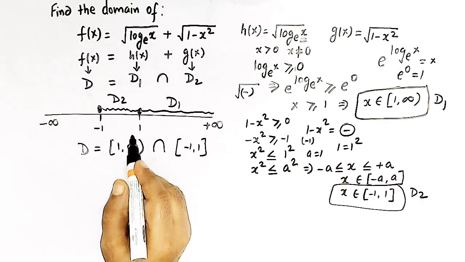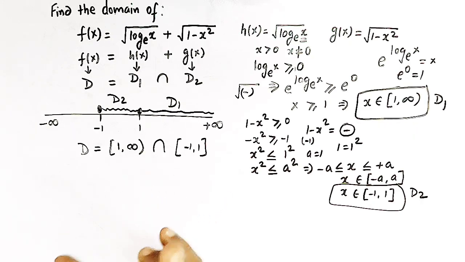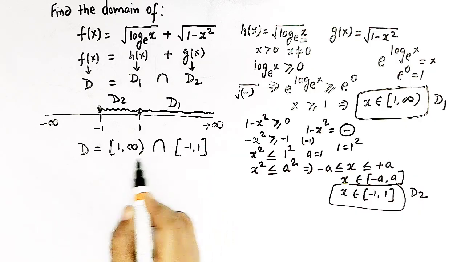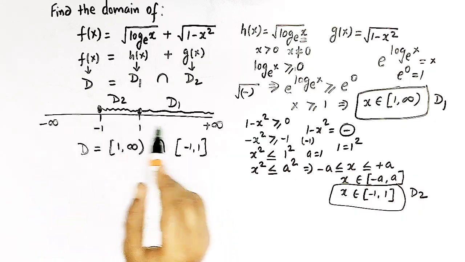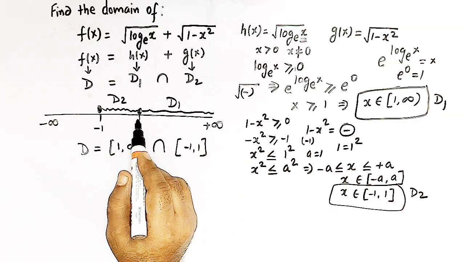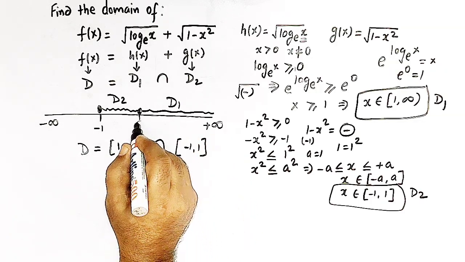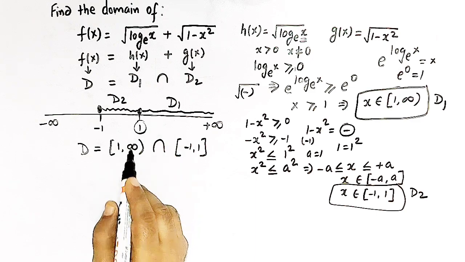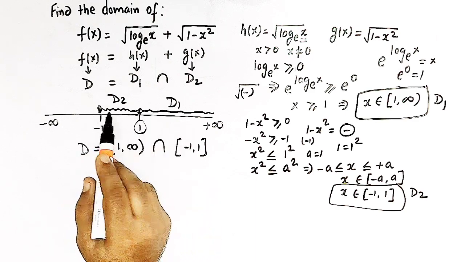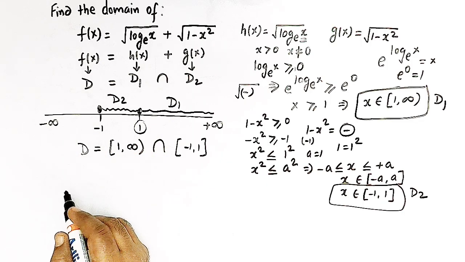Now we have to identify the common values of x which belong to these two intervals, and from this representation we can easily identify that 1 is the only point which belongs to both the domains, d1 and d2.